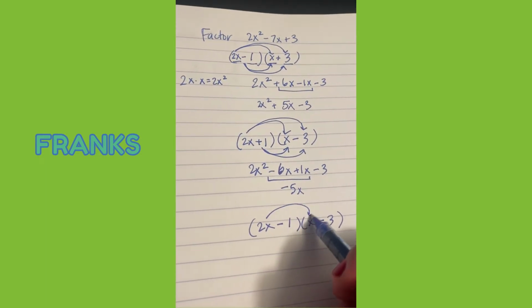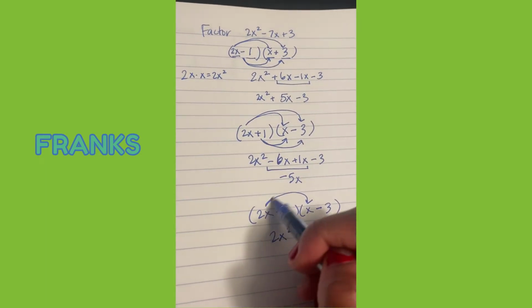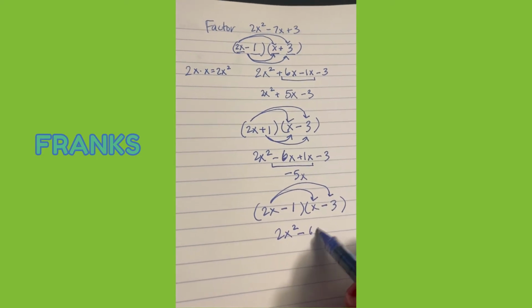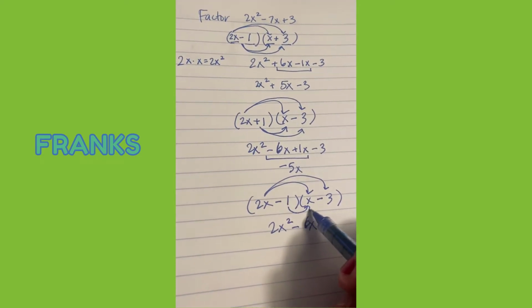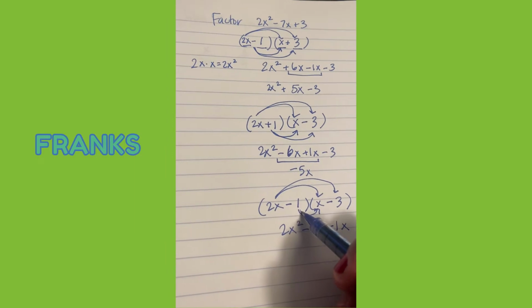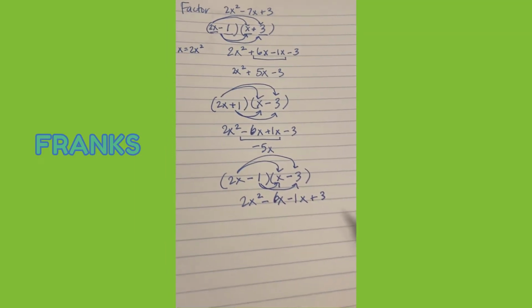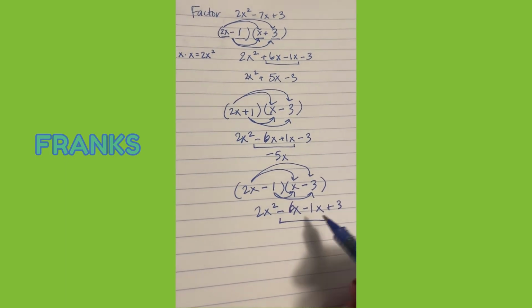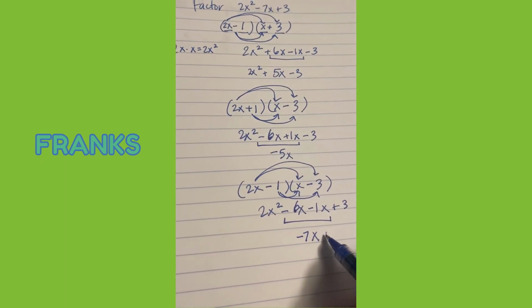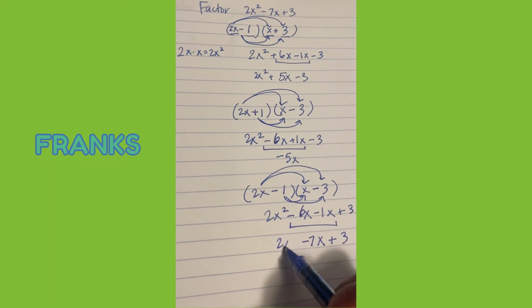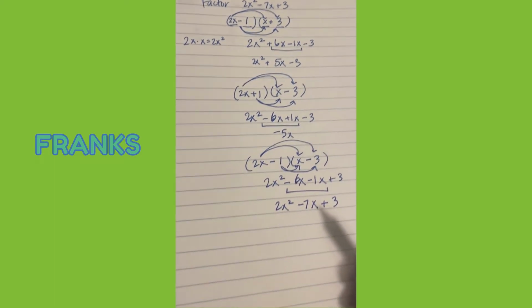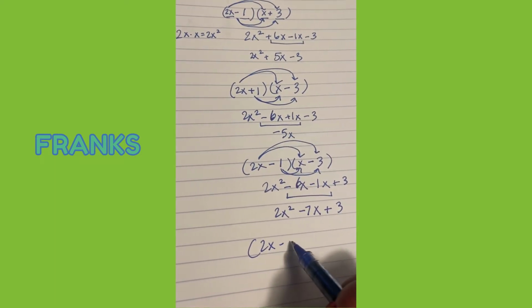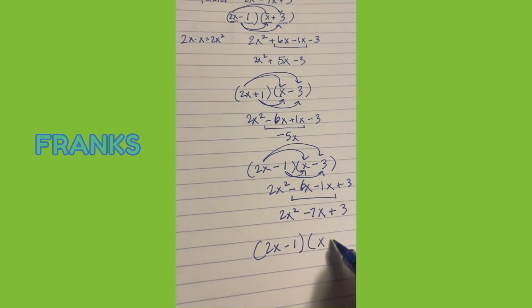Time to check. 2x squared, -6x, -1x, and +3. Yes, that works because -6x minus 1x is -7x. I have my +3 and I have my 2x squared. So that means my factors are 2x minus 1 times x minus 3.